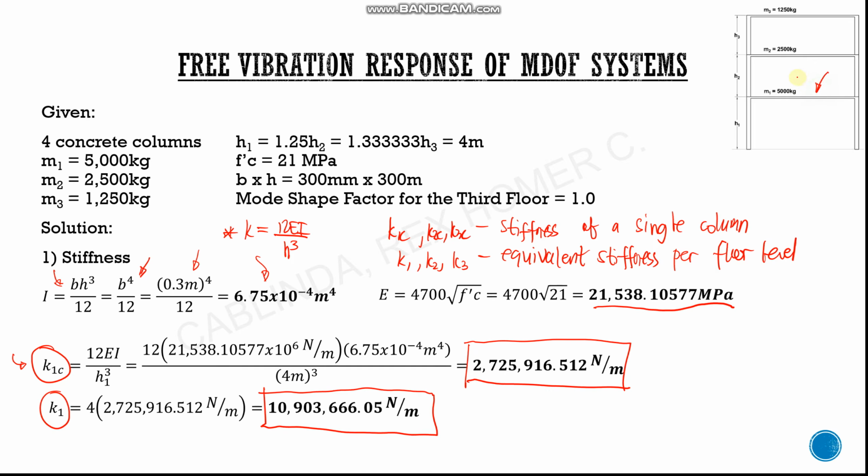Take note that the first floor columns are the columns supporting the first floor, not those above it. It is like an SDOF; three SDOFs stacked on top of each other make an MDOF, or 3 degree of freedom system.